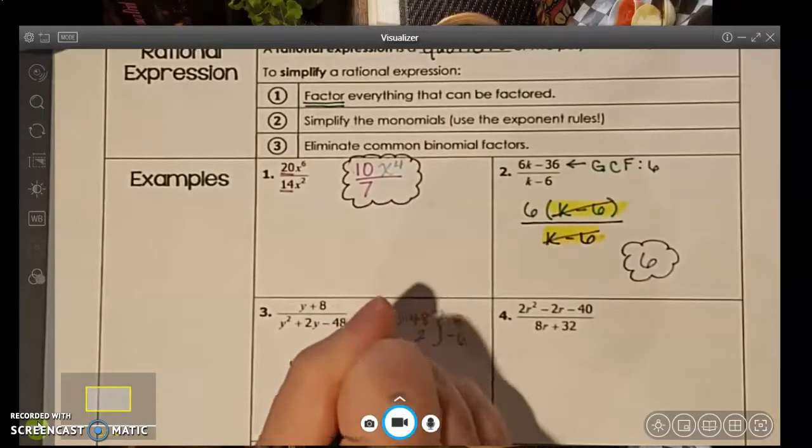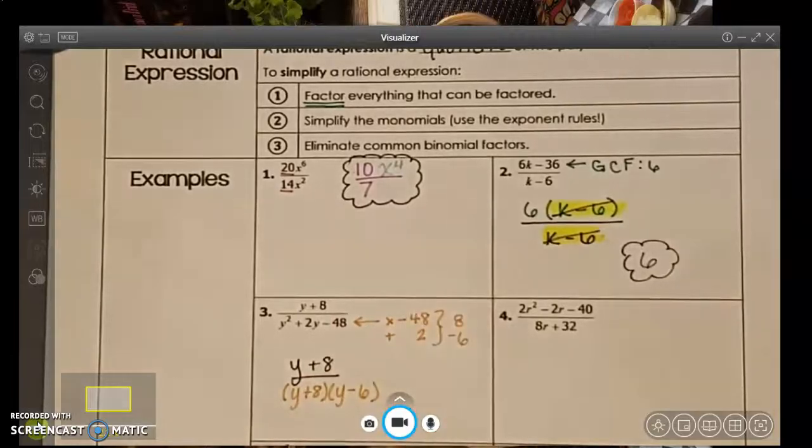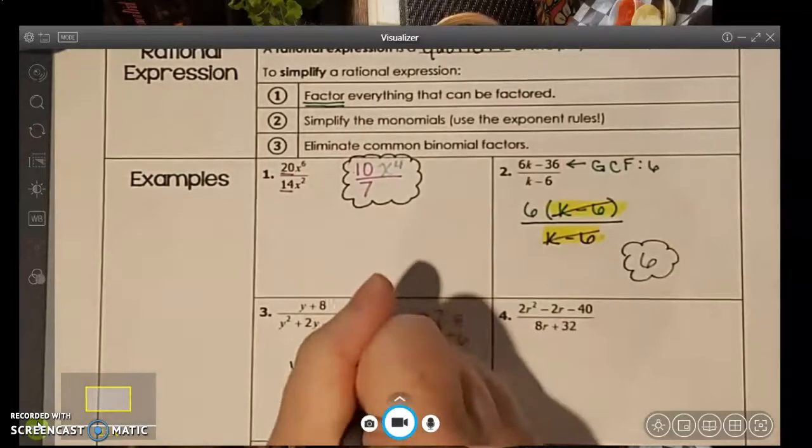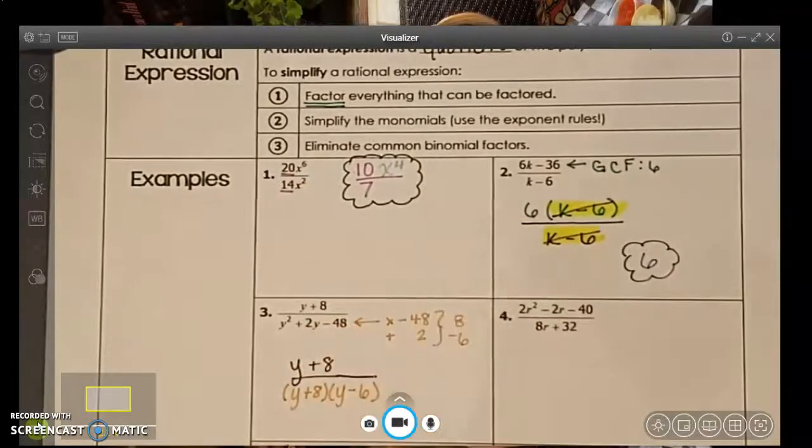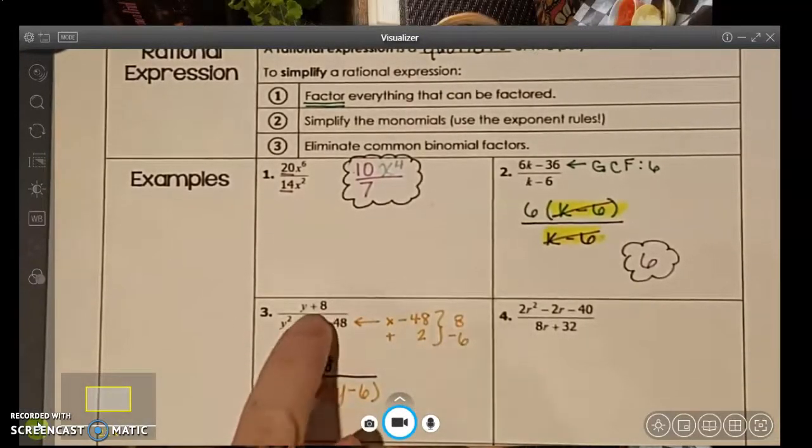A hint here: when simplifying rational expressions, you'll almost always have something in the numerator that matches with the denominator. So that will hopefully help a little bit with factoring. We should have had a factor to match with y plus 8, which we did.